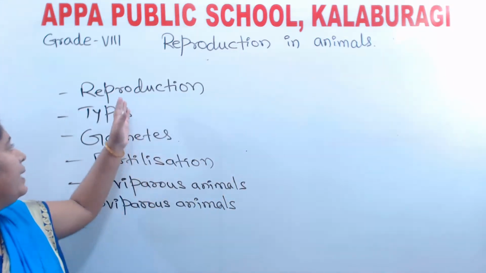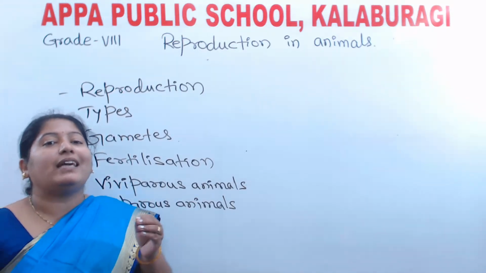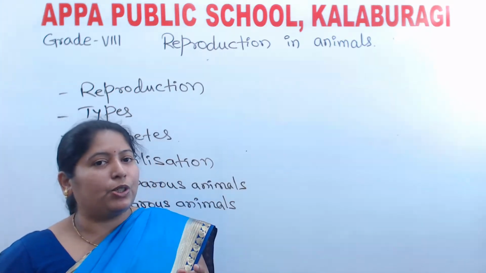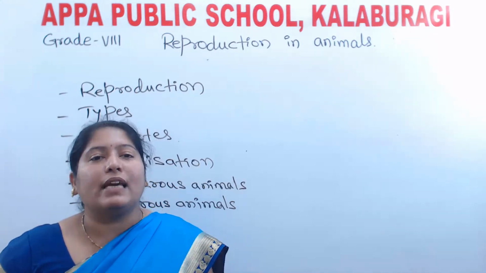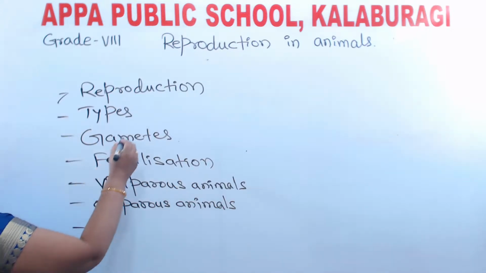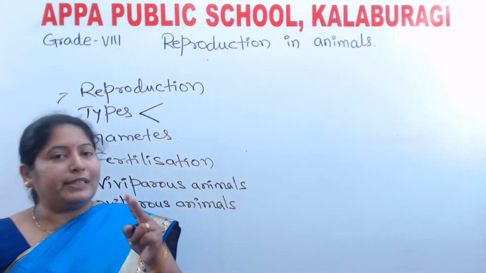So reproduction. It is a process of giving birth to the young ones of the same species. That is the definition of reproduction. Then coming to the types of reproduction. How many types are there in reproduction? Two types are there.